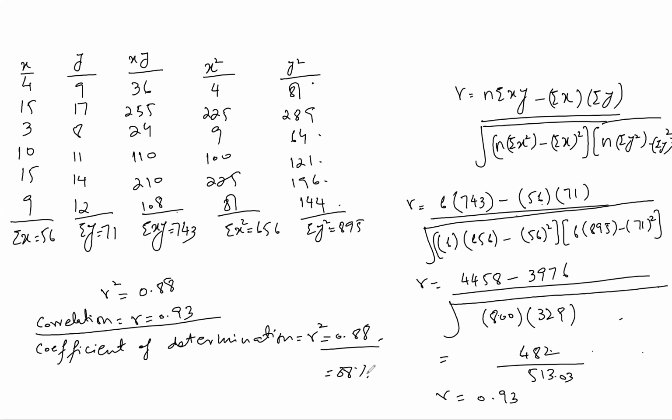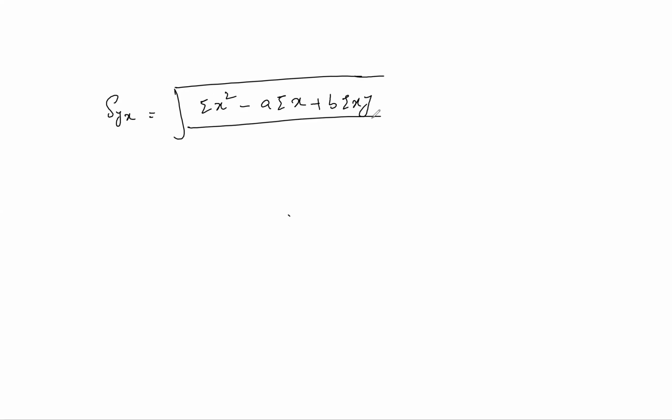I want to calculate standard error of estimate. In the PPT, the formula was different and difficult to calculate. If I use this formula, it is a bit easier for me to apply: sum of y square minus a sum of y minus b times sum of xy, over n minus 2.